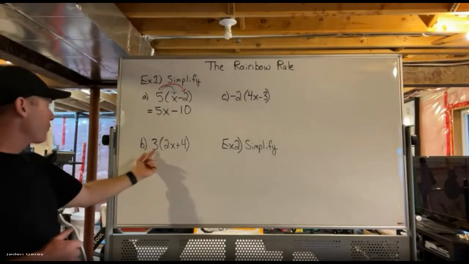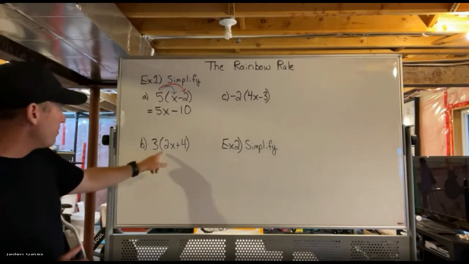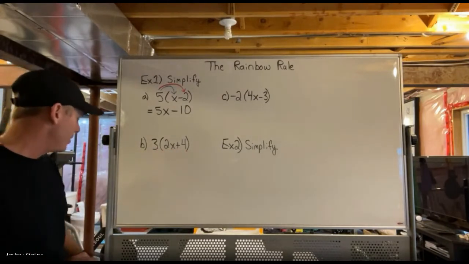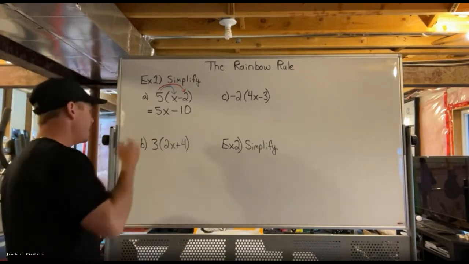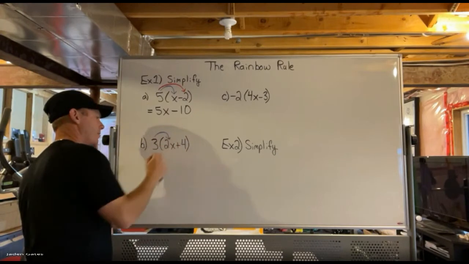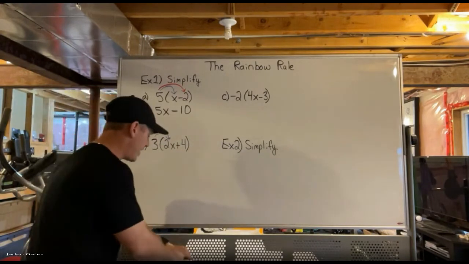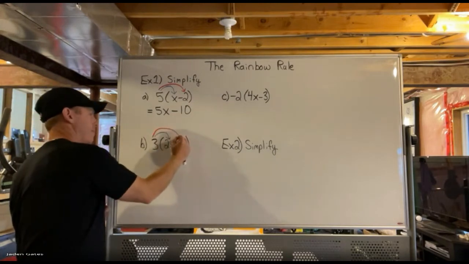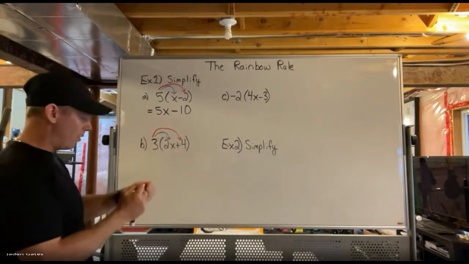We have a 3 in front. And we're going to multiply it by everything inside the brackets, which is our 2x plus 4. And so I'm going to have to take that 3, multiply it by the 2x. And I'm also going to have to take that 3 and multiply it by the positive 4.